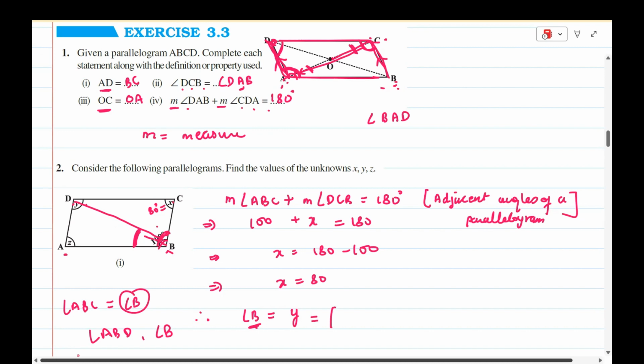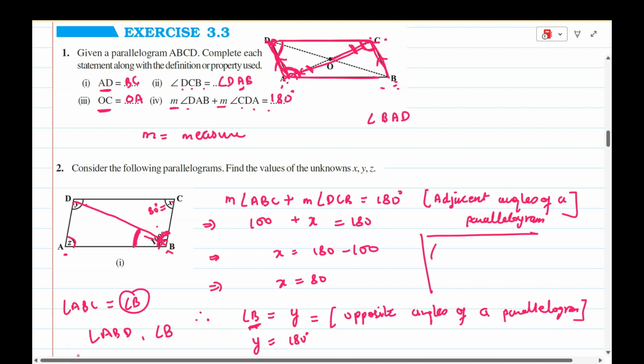Why? Because of opposite angles of a parallelogram. Correct? The property says they are equal. So that is why as angle B is 100 degrees, Y is also 100 degrees. Similarly, you can calculate Z. How? I'll write here in the box.